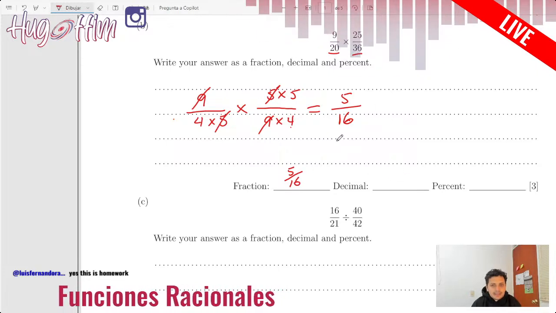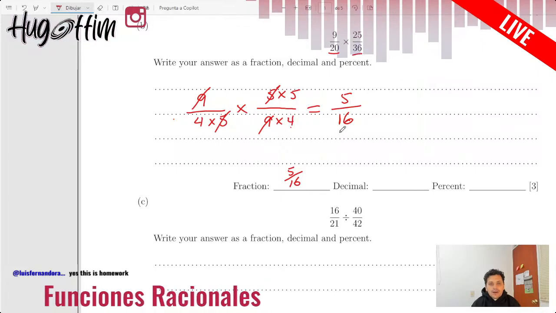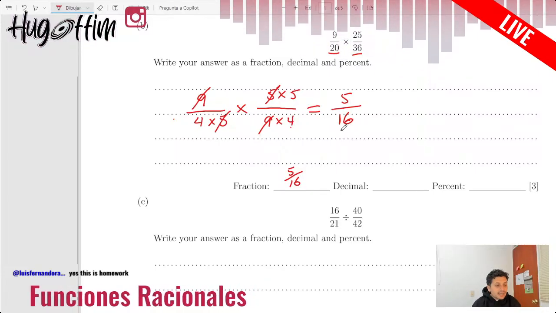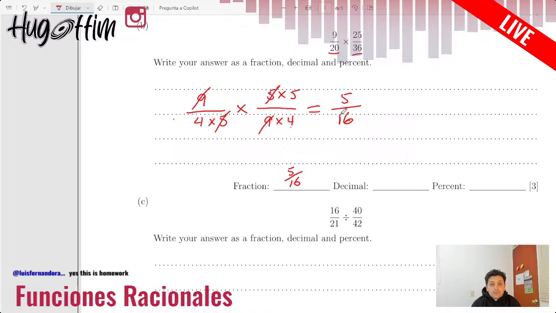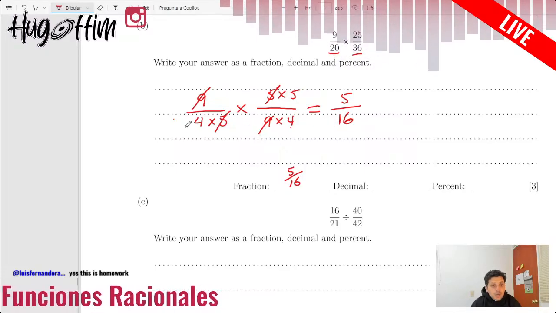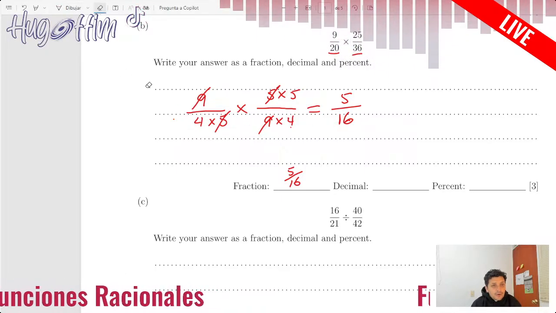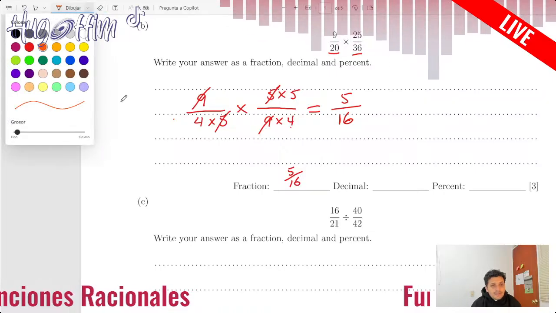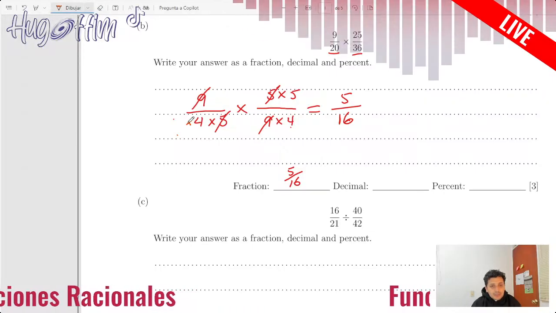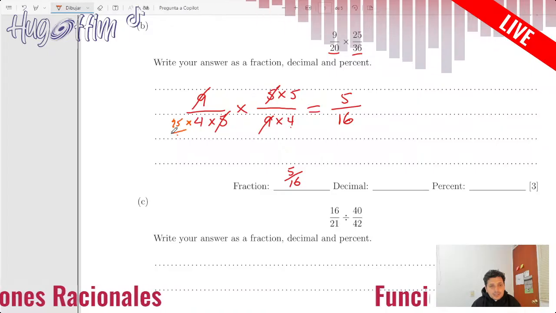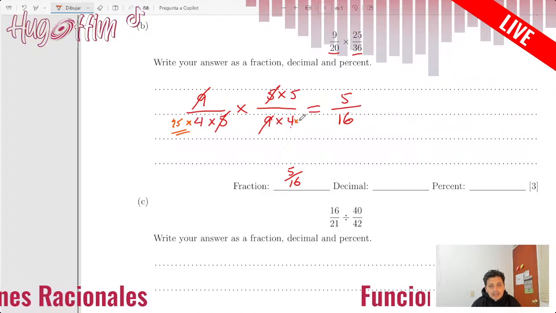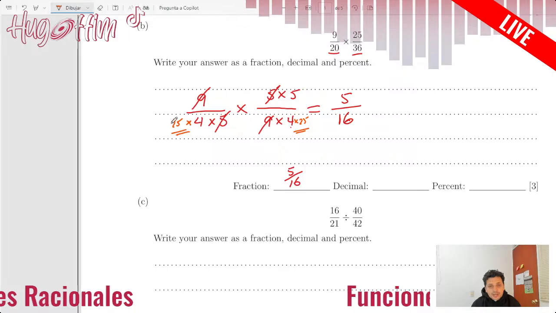As a decimal, this answer complicates a little bit because of the 16 here. What I'm going to do is use the fact that 4 times 25 is 100. So I multiply by 25 again to get another 100.